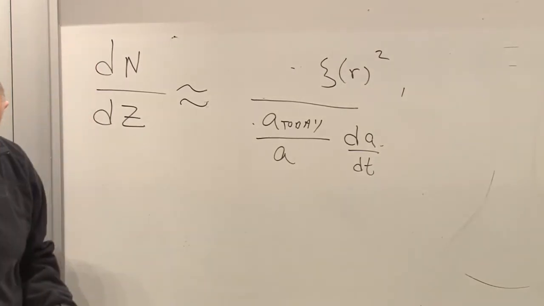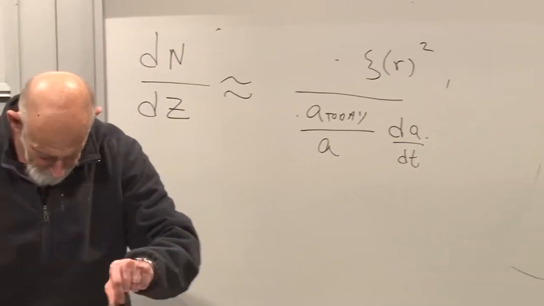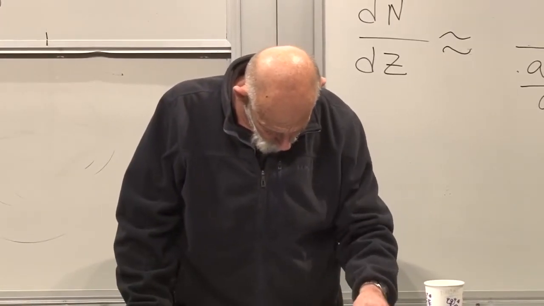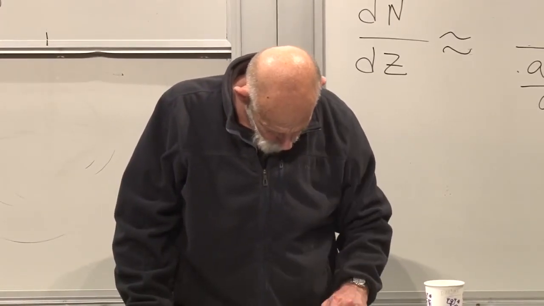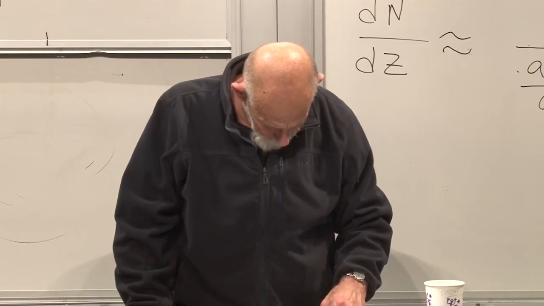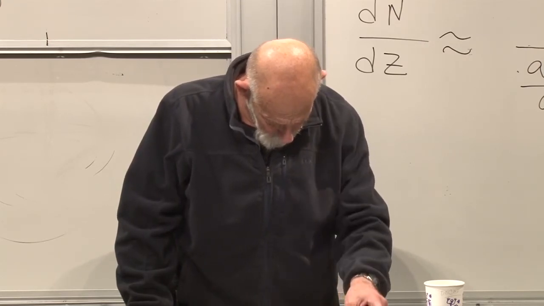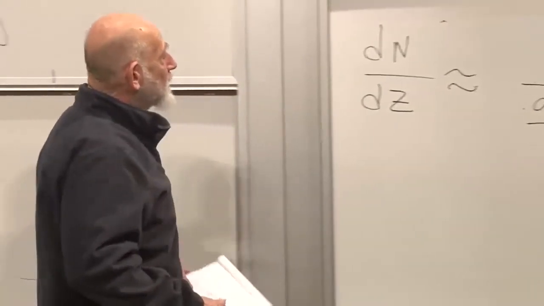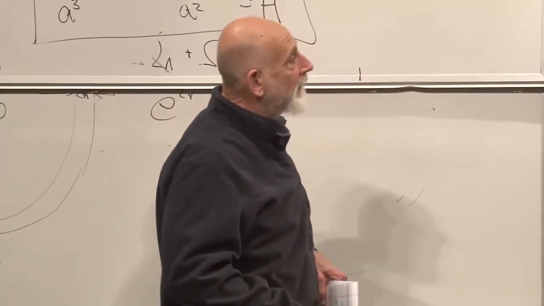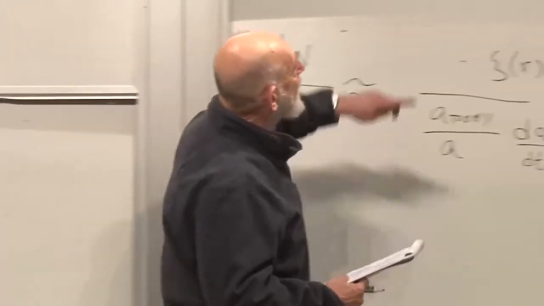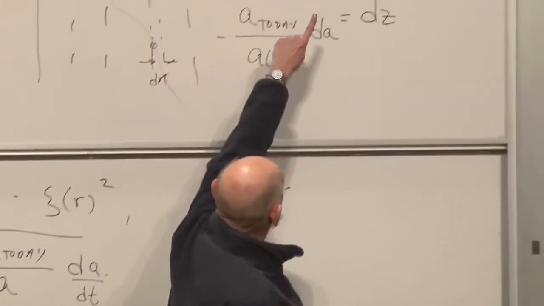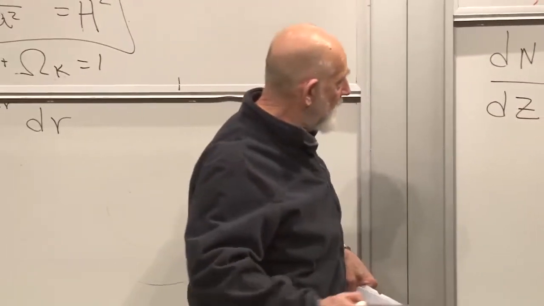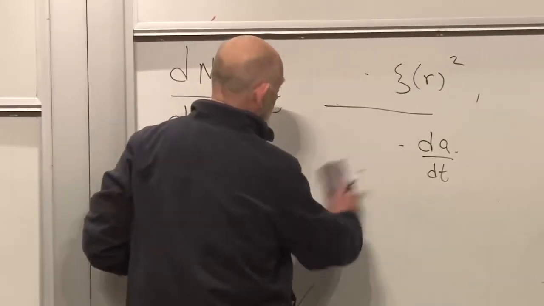It's not what I have in my notes. Yes, it is. What's A today over A? Z plus 1. Okay, so A today over A is Z plus 1.